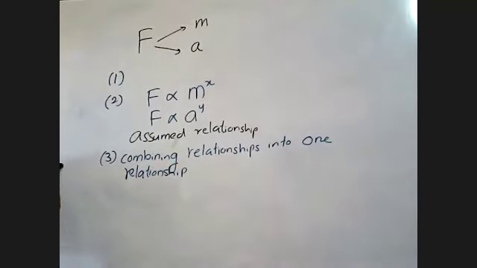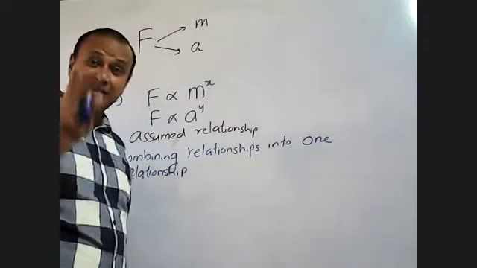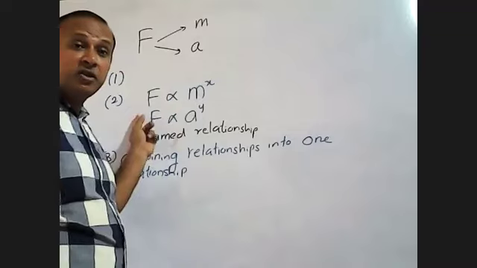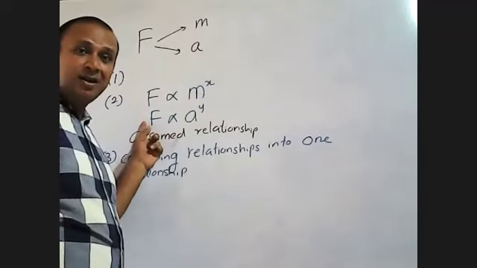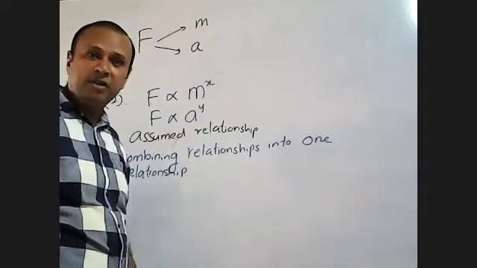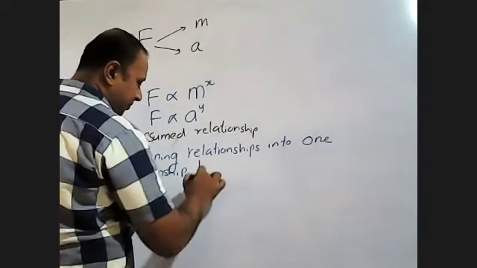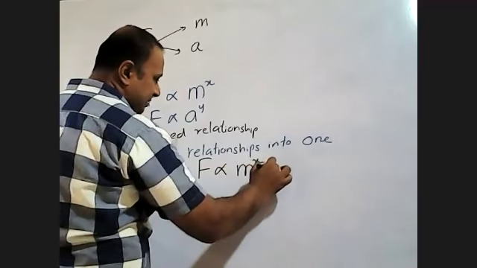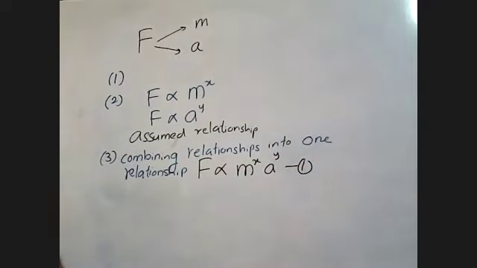As I said earlier, if any variable is directly proportional to two other variables separately, then this variable is also directly proportional to the product of these two. So using that rule, I can say F is directly proportional to m to the power x and a to the power y. This is the combined relationship.